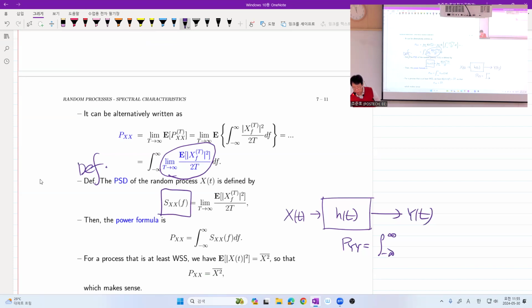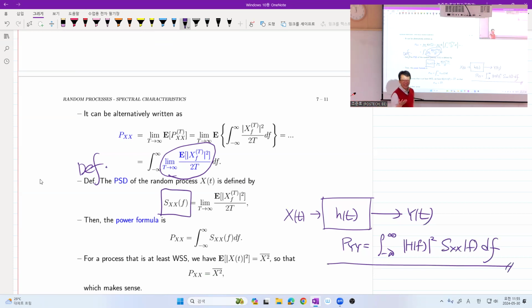In the frequency domain, you have some result like this. Actually, this will be derived, but unfortunately not today. You can find that in standard undergraduate and graduate textbooks. But anyway, this really justifies that this function defined as this one is the power spectrum.